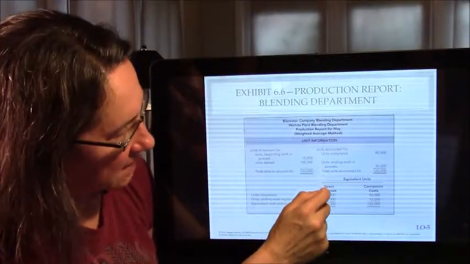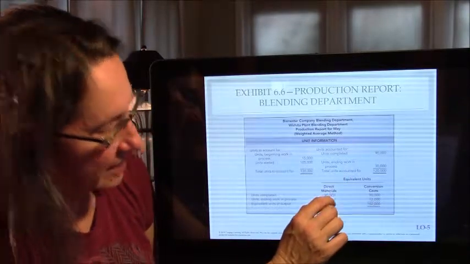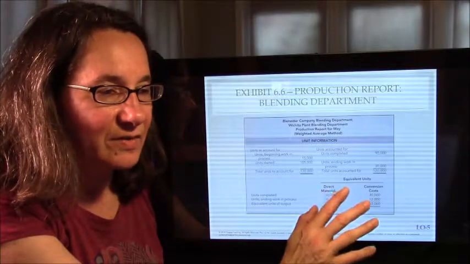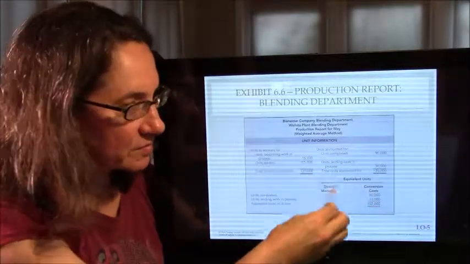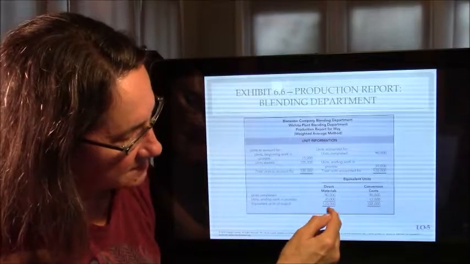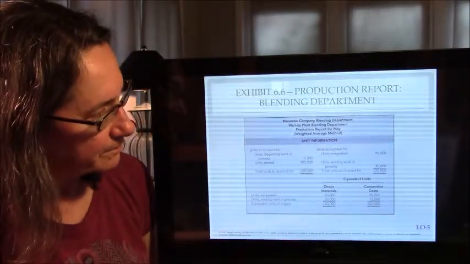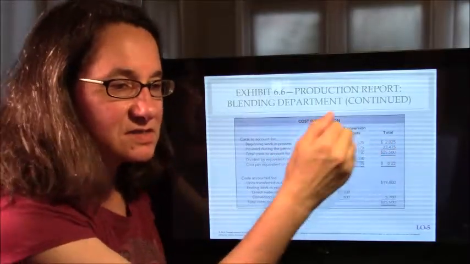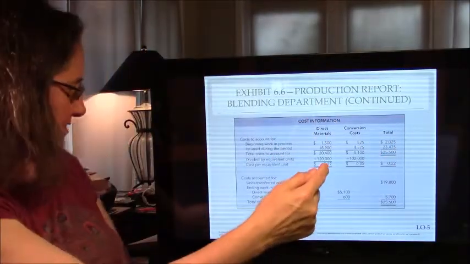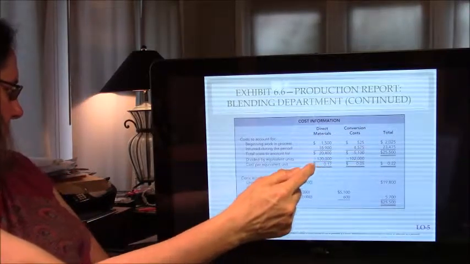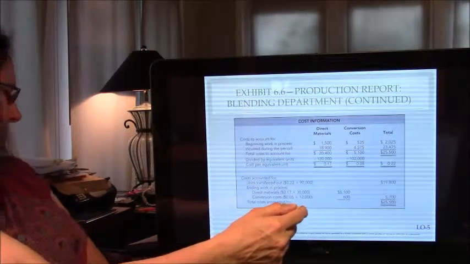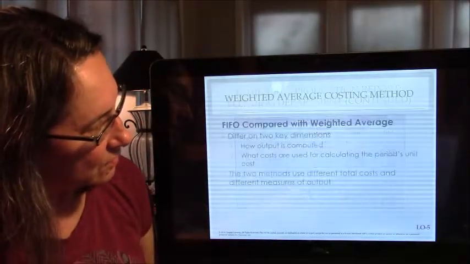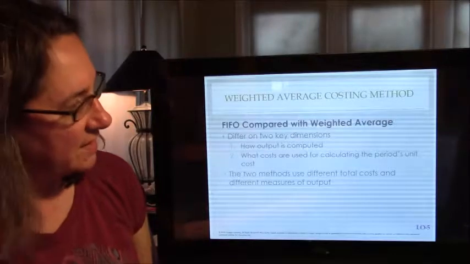Only this time we are including beginning inventory and ending inventory, for our direct materials and our conversion costs. So we say this is the equivalent of how many units we did, and then we calculate the costs, divide those in, and come up with a per unit cost, which we can then use to come up with our inventories.